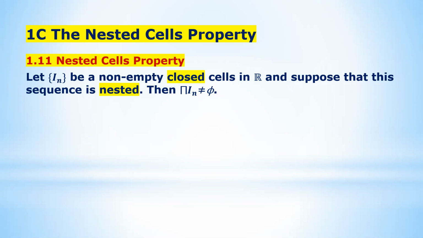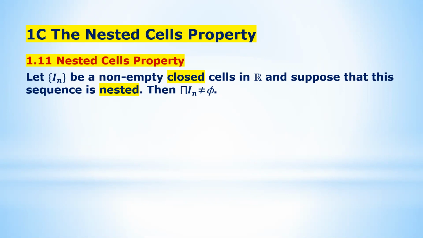There is a proof, but I don't think we'll have time to talk about it. Think about this logic flow: the completeness property, our foundation, implies the nested cells property.